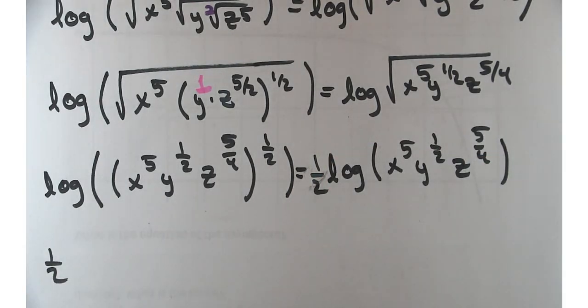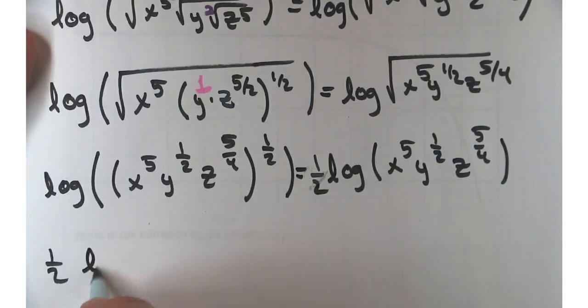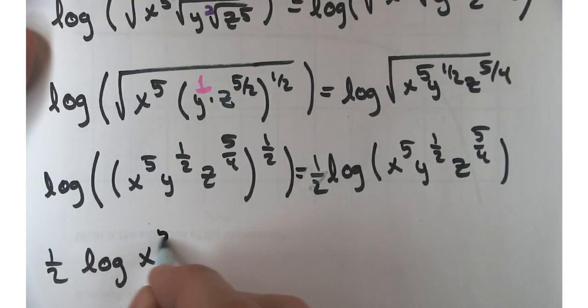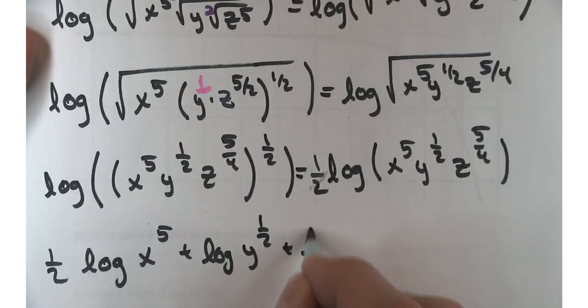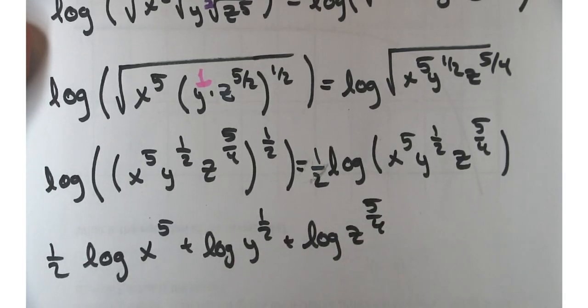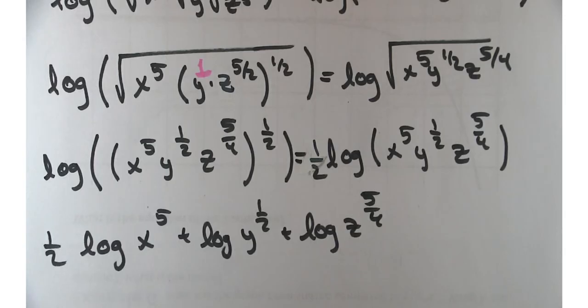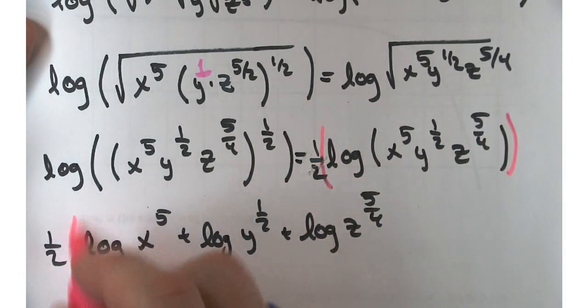This is the log of a product, so it's going to be the sum of the logs. 1/2 log of x to the 5th plus log of y to the 1/2 plus log of z to the 5/4. What mistake am I making? You need the bracket. Yeah, you need those parentheses. Here and here, here and here.